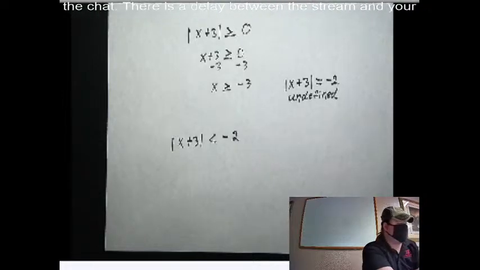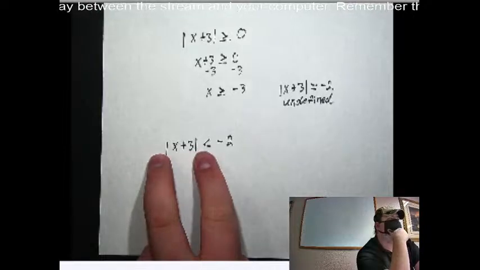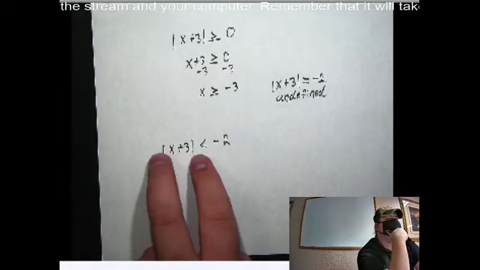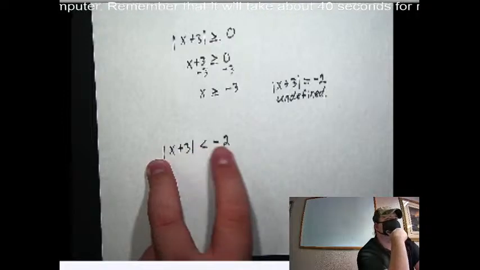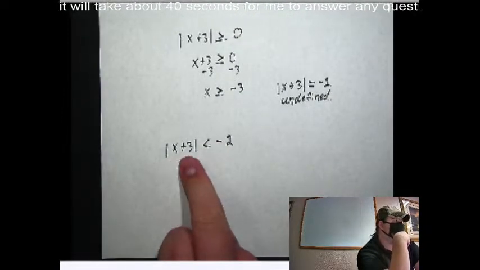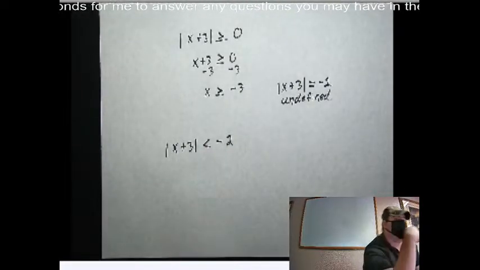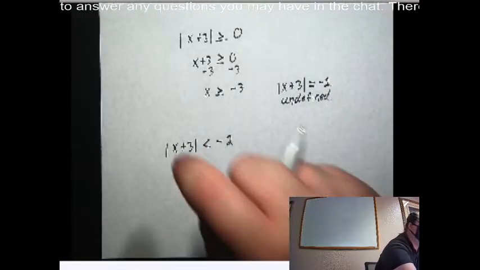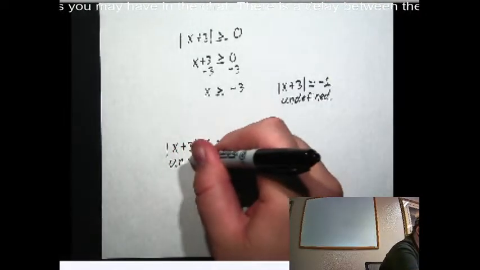Similarly, this absolute value here, is there anything that this could possibly come out to be that would be less than negative 2? Can we have an absolute value that would be less than a negative? No. It can't be equal to a negative, and it can't be less than a negative. So this one is also undefined.